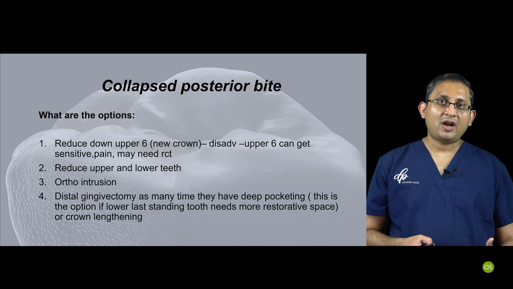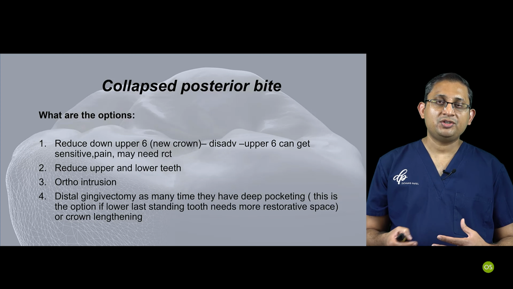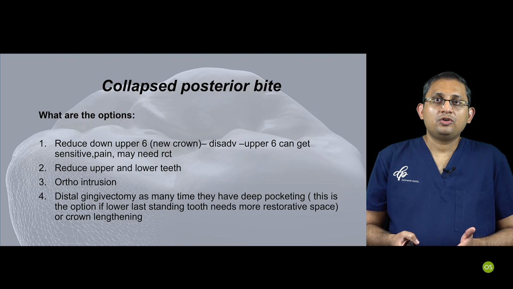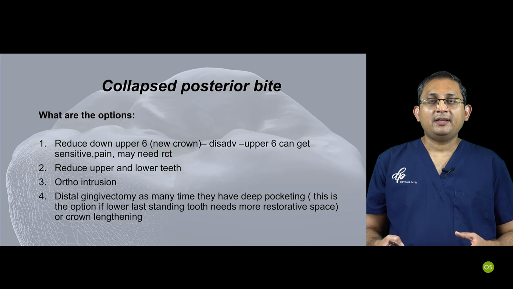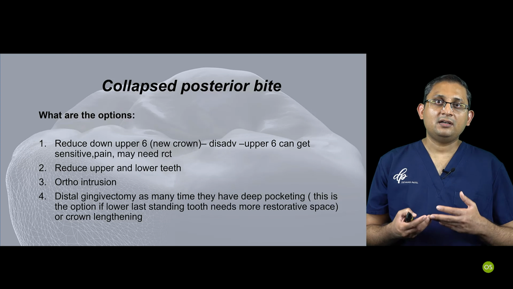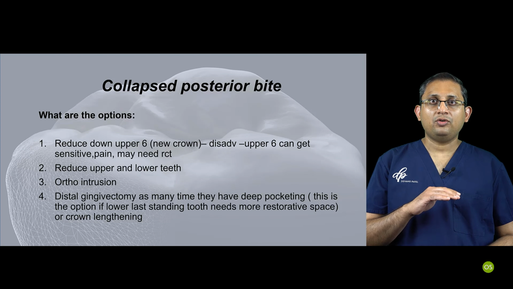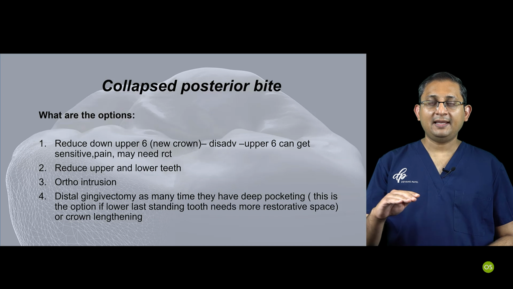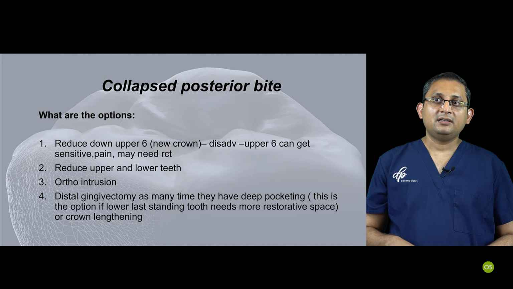Sometimes you can do crown lengthening, or if it's a distal lower tooth, then you can do gingivectomy on the distal aspect by doing a crown lengthening procedure and gain the space. The problem is that unless you are making sure that the occlusal plane is parallel and it's not going up and down like that, you are not really solving the problem.